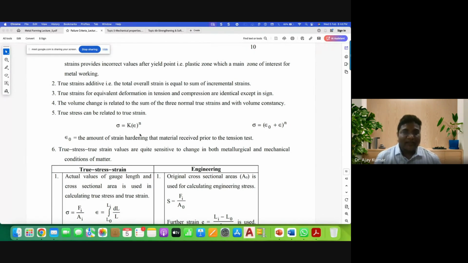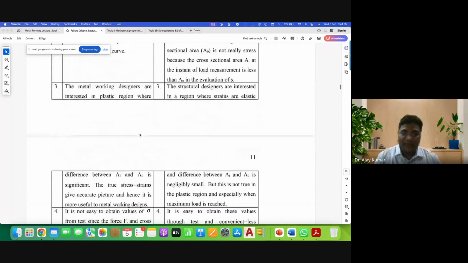Material instability means necking will start, and cracks start forming in the material. A lot of small voids will form at the instability point, then those voids will coalesce together and grow, and finally you will see the fracture of the material.